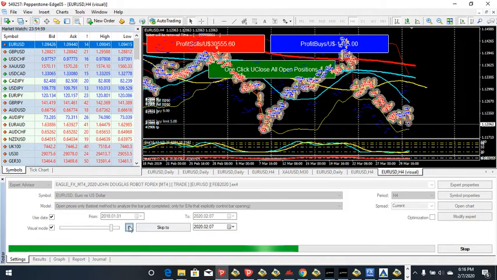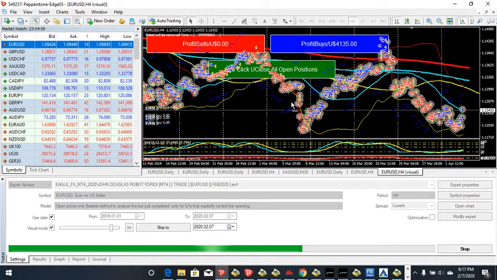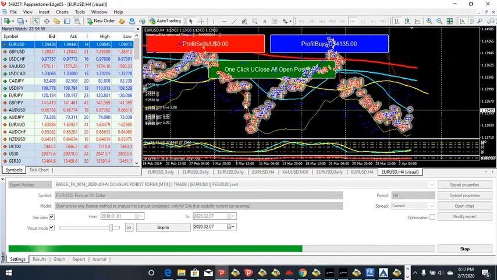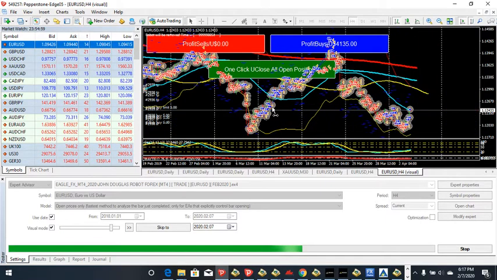Okay, look at that. So now all these close, right? All positions are closed with profit. That's why you see zero here, okay? And now look at the buy side here, you get something here, because the buy side starts here. See that?